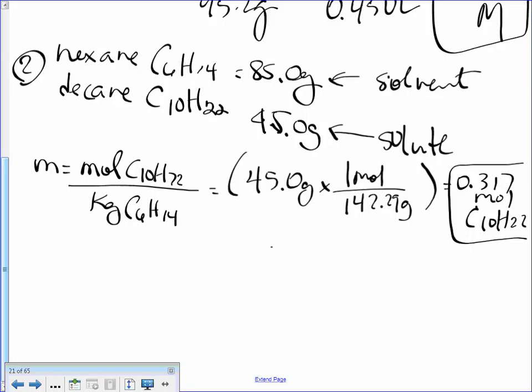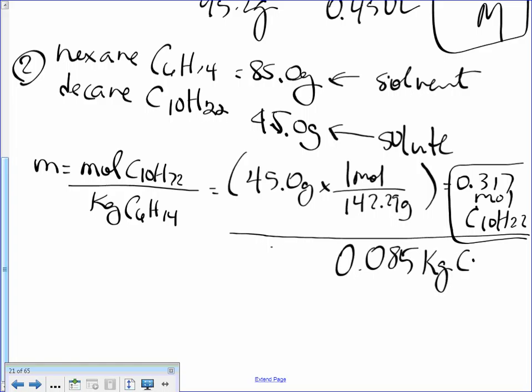All right, are you guys writing this example down? Okay, you might want to so that you can do your homework later without me. Okay, so this is our moles of decane. That divided by kilograms of solvent, which is how many kilograms? Right, 0.085, 85 grams converted to kilograms, gives you kilograms of hexane.